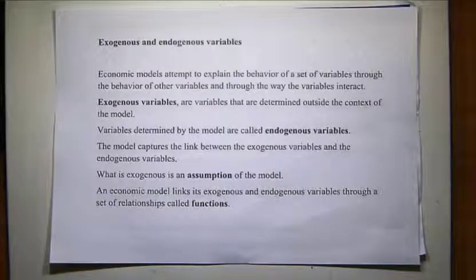So you have some theory, and the theory determines a certain variable, like output, for example, and whatever the exogenous variables are determine, using a theory, how big this endogenous variable is. However, it's always an assumption of the modeler to determine that one variable is exogenous, the other variable is endogenous.